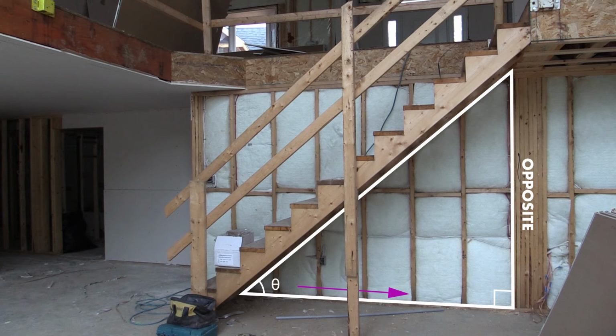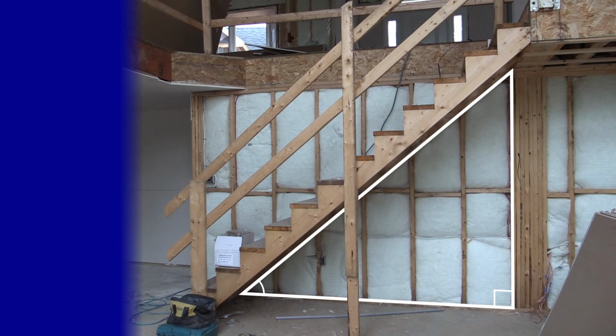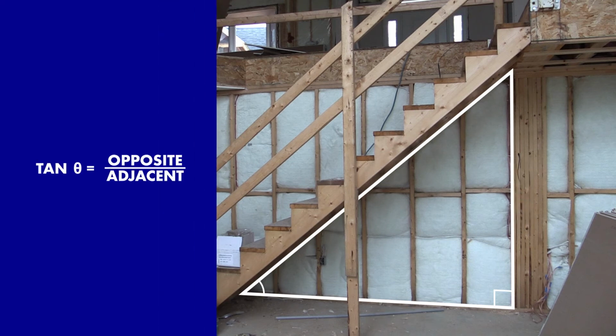This side is next to the angle of interest and is not the hypotenuse, which means it is our adjacent side. Knowing that we have our angle of interest and opposite side and we want to solve for the adjacent side, we can use the tangent ratio to solve this problem. First, we need to rearrange our formula because we are solving for the adjacent side. Next, we need to substitute our known values into the equation.